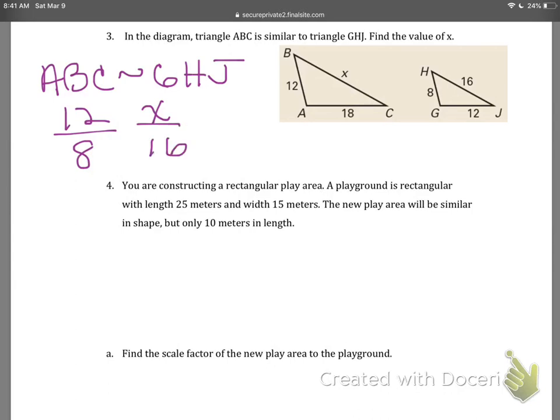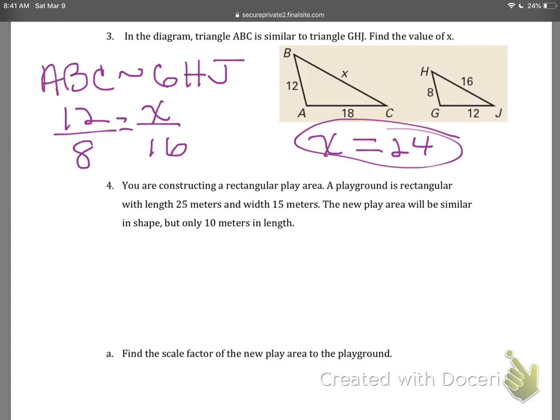So what am I going to say? 16 times 12, using my cross products because these are equal. 16 times 12, and then divided by 8, and I am getting an x that equals 24.